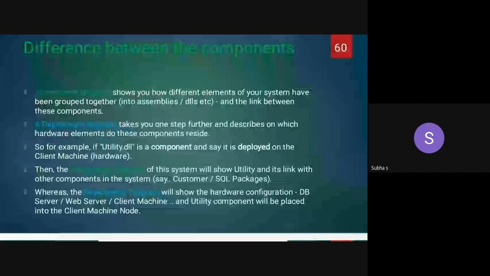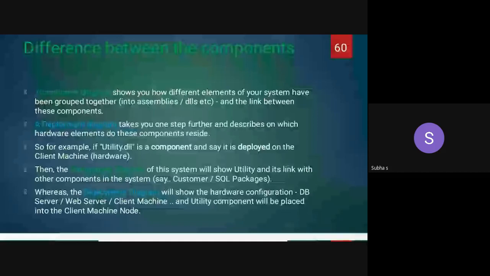In the component diagram, we see how different elements of your system are put together. That is the link between the components. It shows only the link between the components. But when we come to the deployment diagram, it further describes on which hardware element these components reside. For example, in the component diagram we can give the SQL server and Java toolkit.